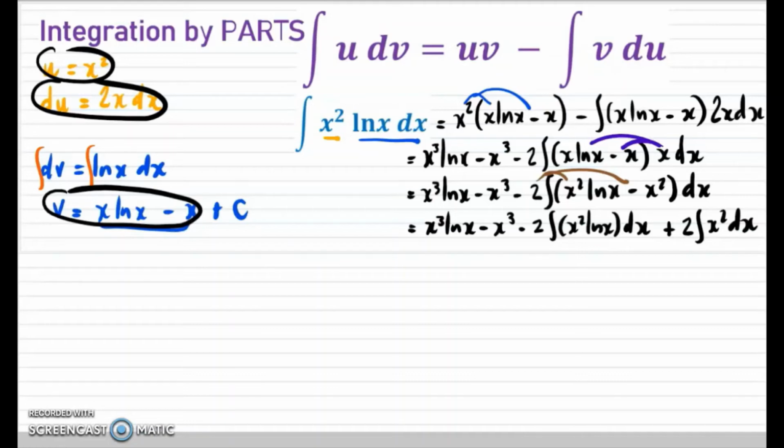Okay, so let's continue. Between these two, what we can get is the last one, 2 integral x squared dx, right? Because as you can see, this is the same as the one that we are solving for. So they are similar terms that we can combine on the same side of the equal sign. So let's move on.